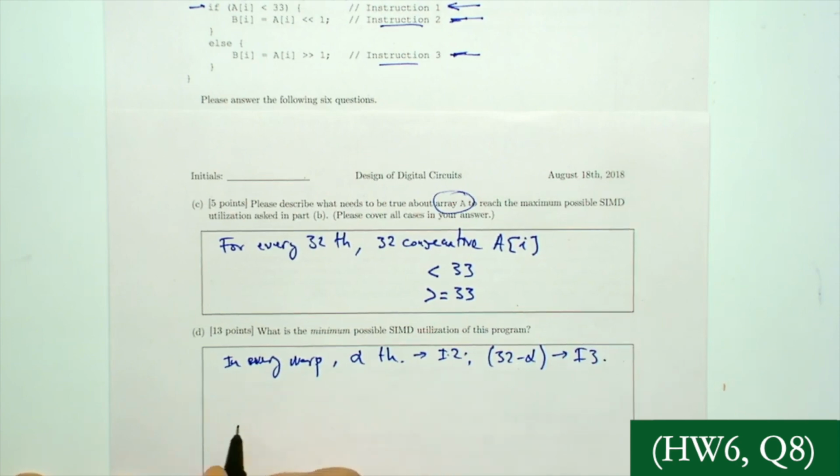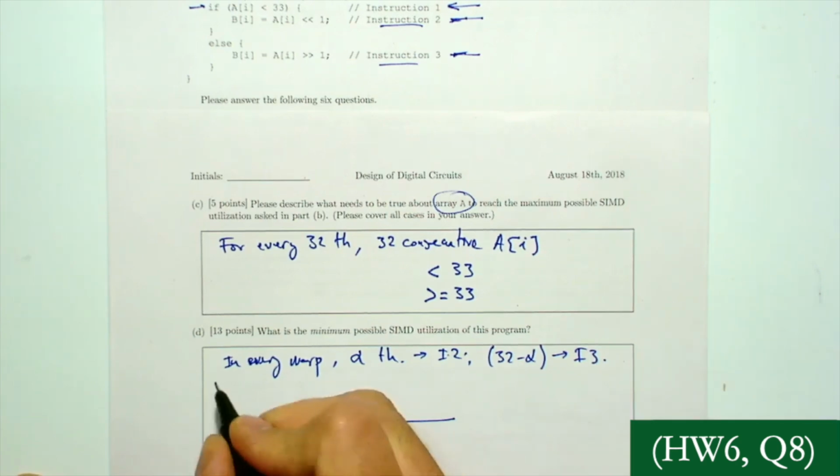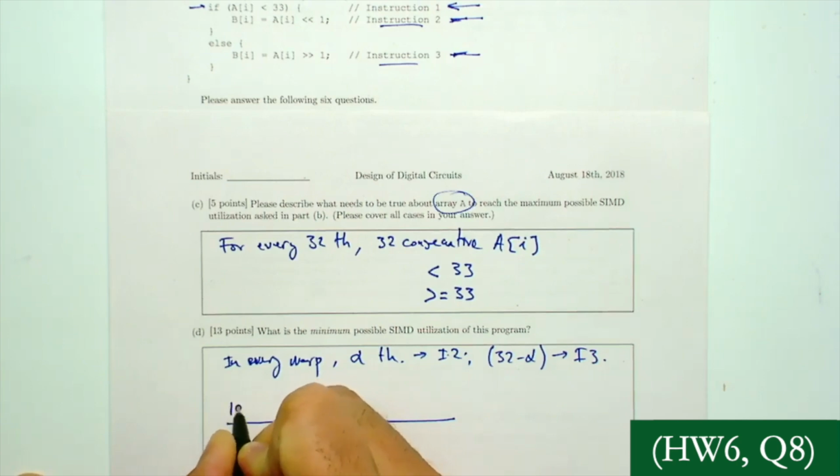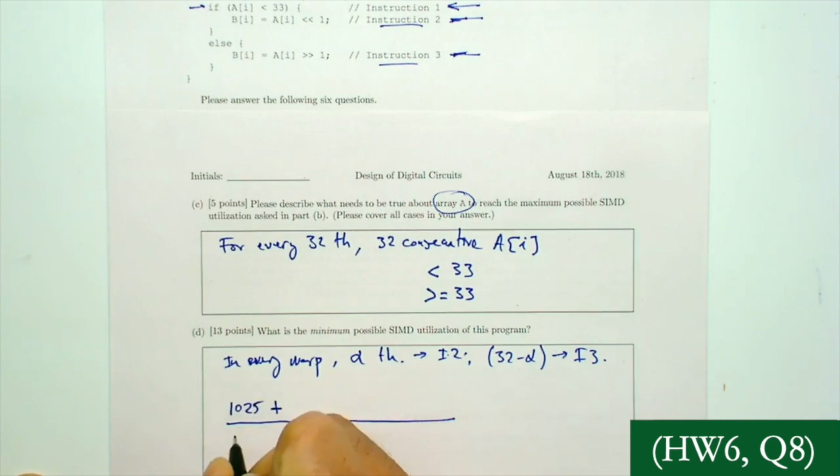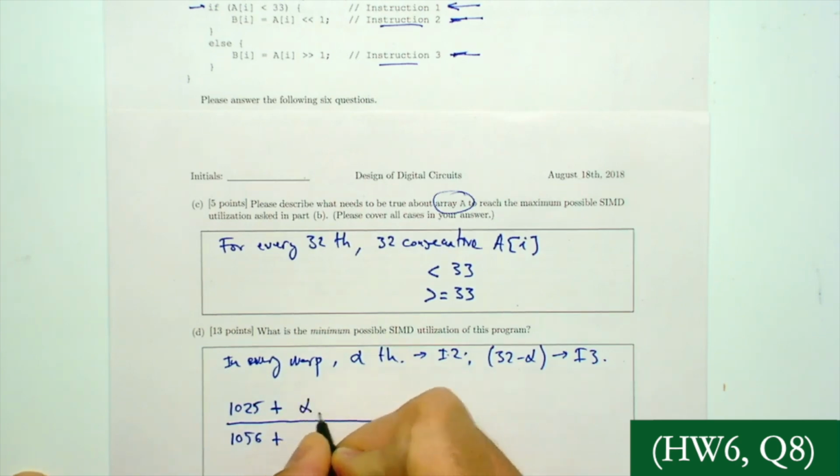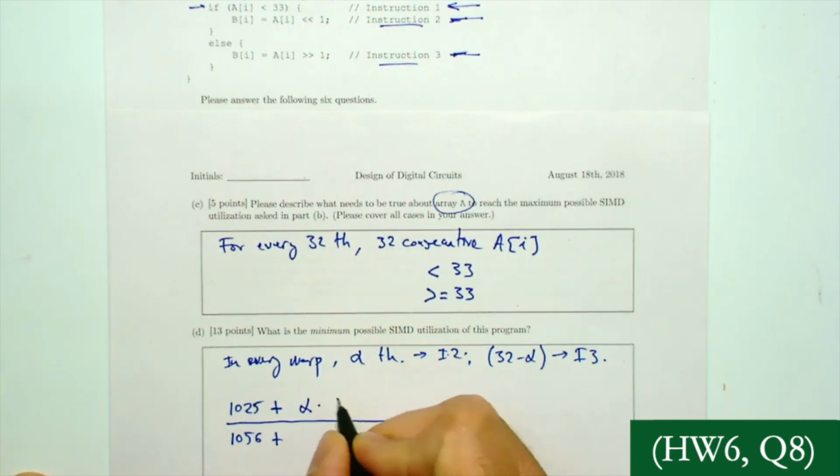So by taking this into account, the way that we can calculate the SIMD utilization is by going instruction by instruction and warp by warp and thinking what is happening there. For the first instruction, we already know that 1,025 threads will execute instruction 1 out of 1,056. And then we have instruction 2, and we know that alpha threads in each warp will execute it.